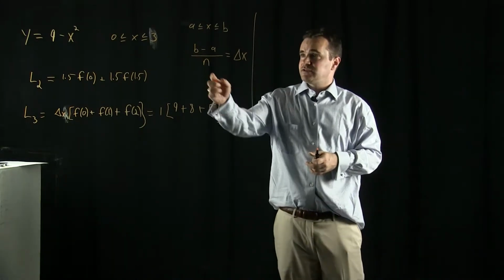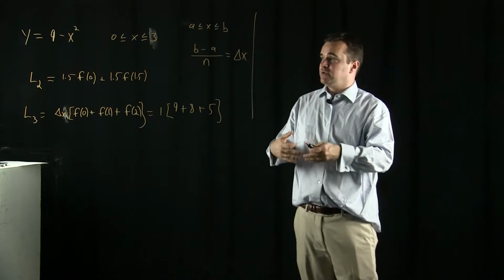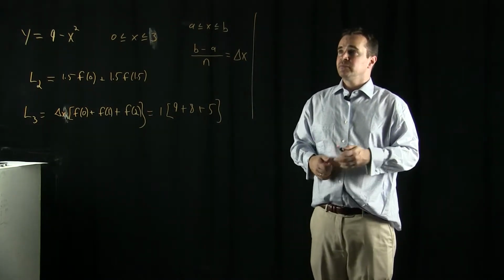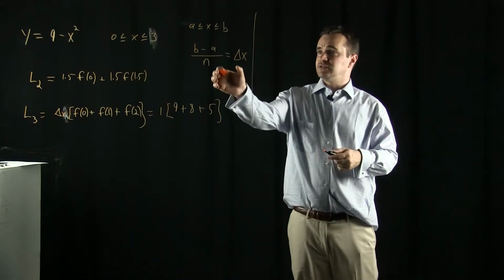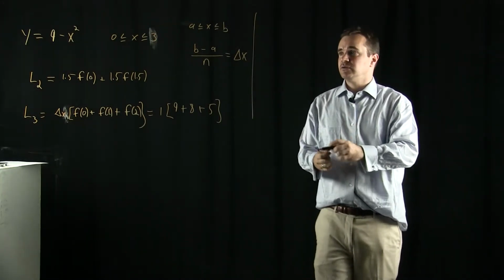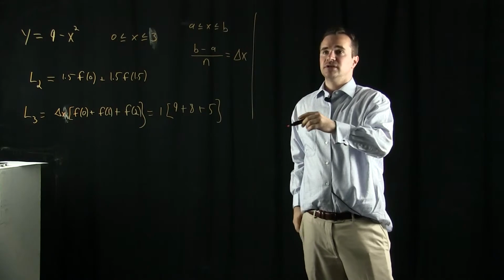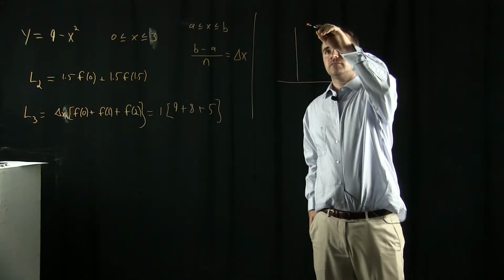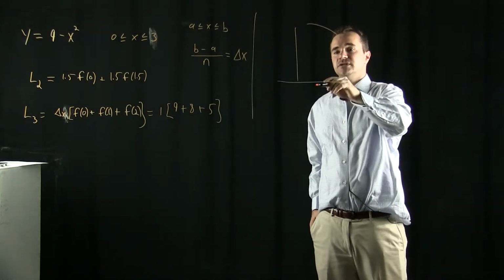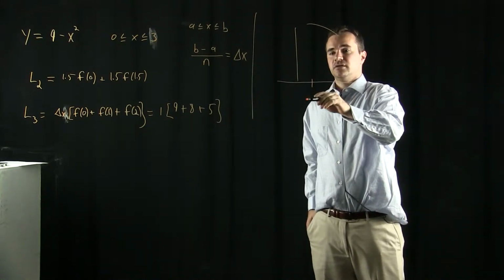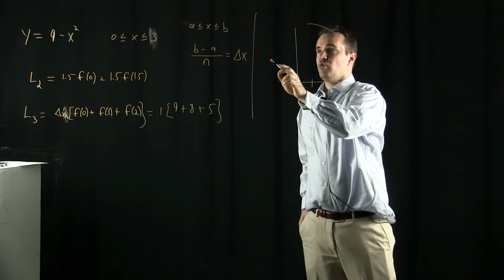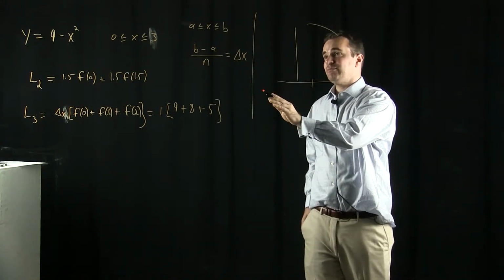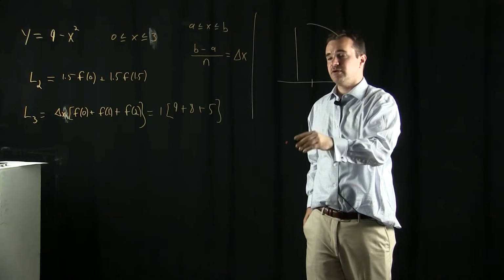Well, remember, n is our number of rectangles. I showed you n equals 1, 2, 3, 4, 20, and 100. So generally speaking, the delta x, the base of our rectangle, is always equal to b minus a over n. I'll draw a schematic picture of a small part of the function, and maybe we label the endpoints of our subintervals.